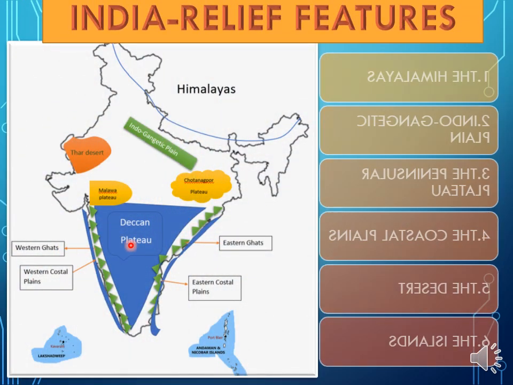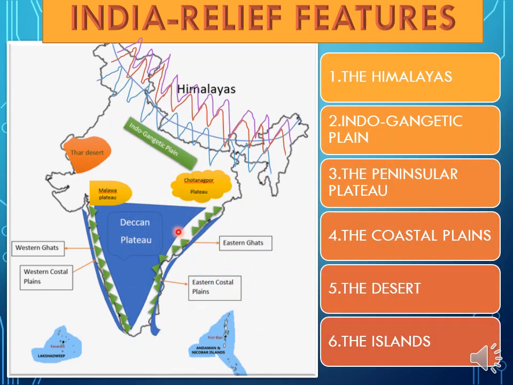The Social Science first paper will have a lot of map pointing questions from the first chapter itself, especially from India's relief features. So this slide will give you a better idea about India's physical features. Himalayas on the top, Indo-Gangetic Plain in this area, and Peninsular Plateau on the downside.